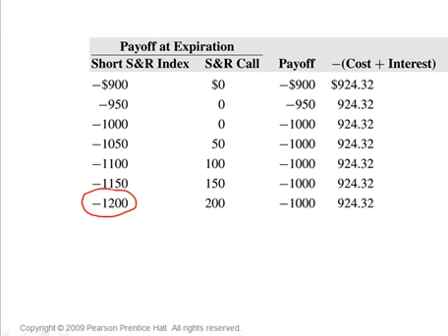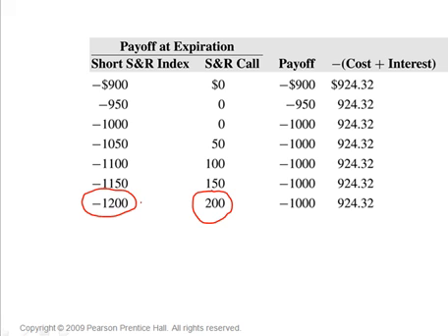Because owning the call with a strike price of $1,000 gives us a positive $200 payoff. Now, why is that? The call option with a strike of $1,000 gives us the right to buy an asset that's worth $1,200 in the market for only the $1,000 strike price. That clearly has a value of $200 on the expiration date.